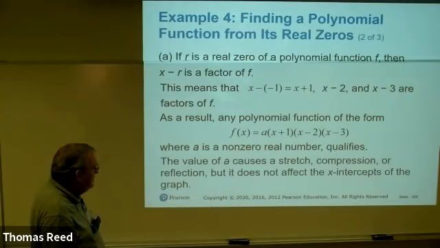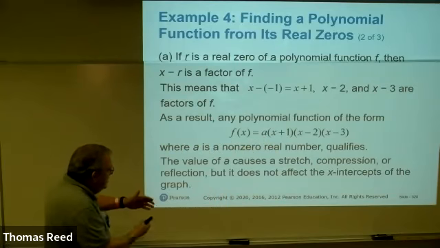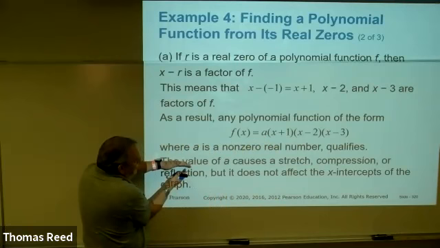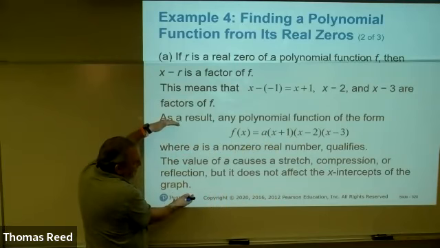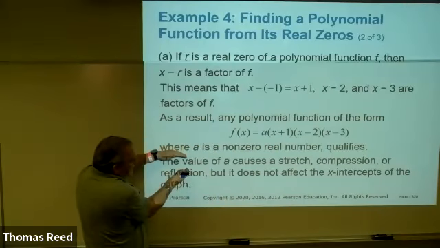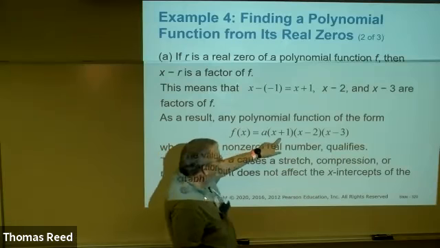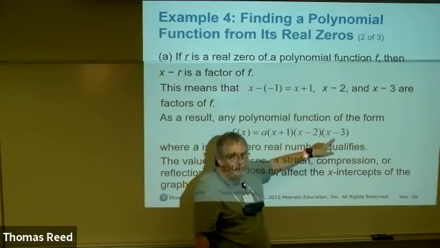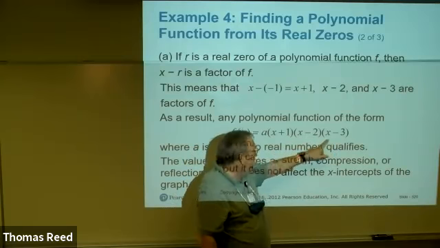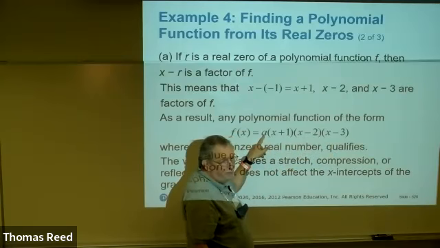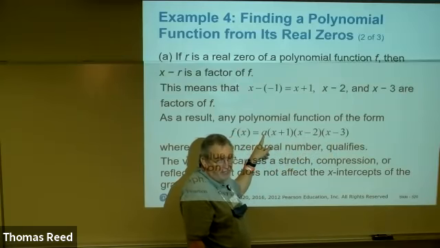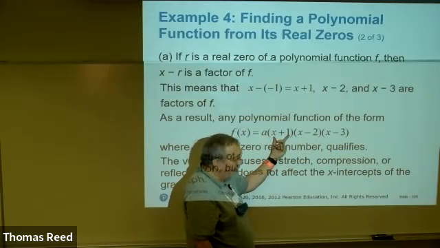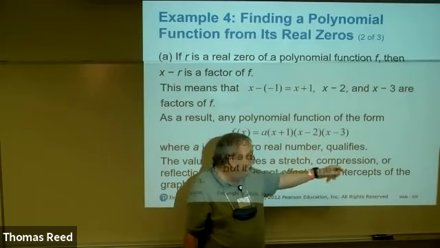Now, to graph it, the A value causes a stretch or a compression. So we're going to be pulling it either away from the x-axis or towards the x-axis, but that does not affect our zeros. Because it doesn't matter what I multiply by here. If A is -1, it's still all going to equal 0.